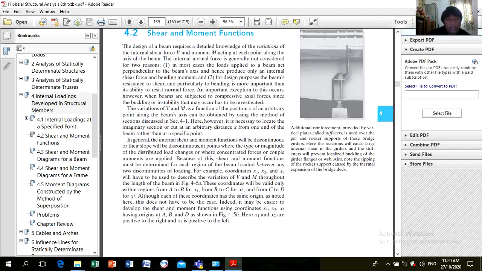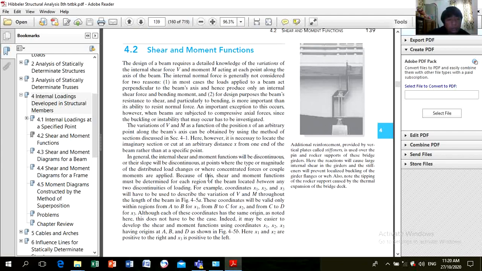Now we can go to 4.2, which is shear and moment function. The design of a beam requires a detailed knowledge of the variation of the internal shear force V and the moment M acting at each point along the axis of the beam. The internal normal force is generally not considered for two reasons.